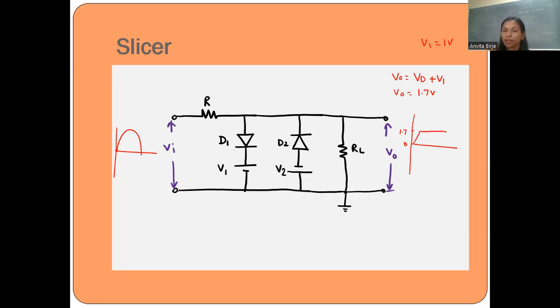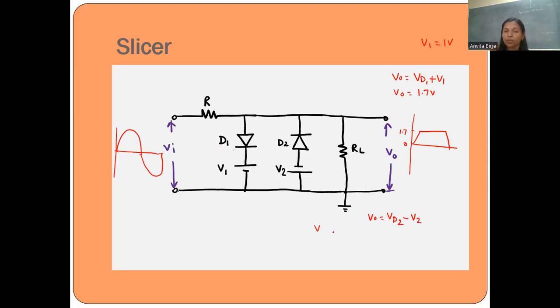So till 1.7 I'll get the output. During negative half cycle, now D1 is off and D2 is on. So output is due to diode D2 voltage and it is negative, so negative voltage V2.